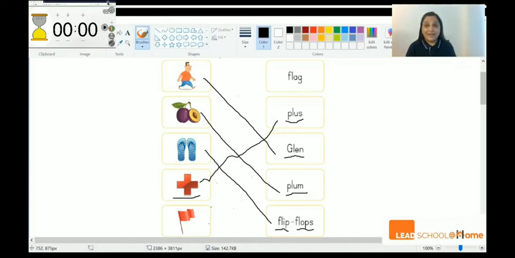Did you find the letter sounds and the blends for the word flag? Yes, the blend is fl. Flag. So, let's connect the picture of flag with the word flag. Connect it with me in your workbook.